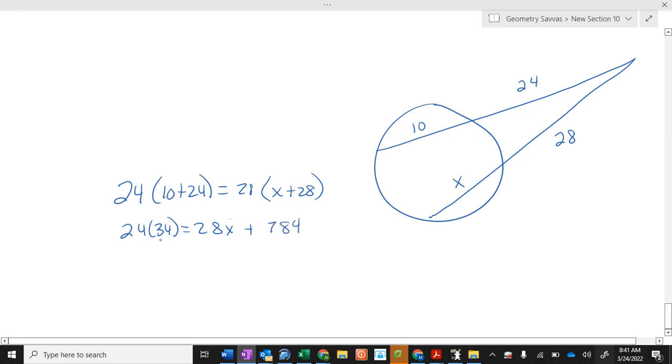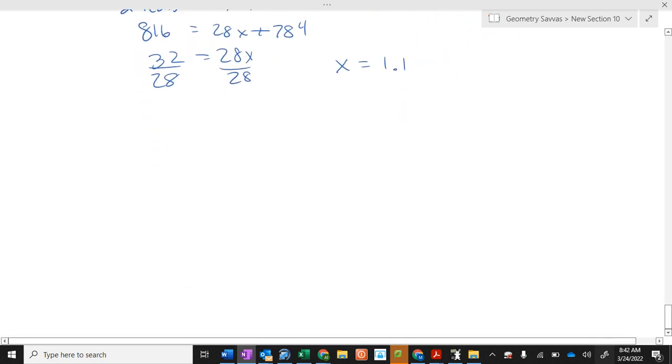So 24 times 34 is 800 and something, I think. 860? 816, thank you. So 816 equals 28x plus 784. If you subtract 784, you get 32 equals 28x, divided by 28, and you get 1.1. Which doesn't really look right here. You'll have better numbers when it comes to the test.